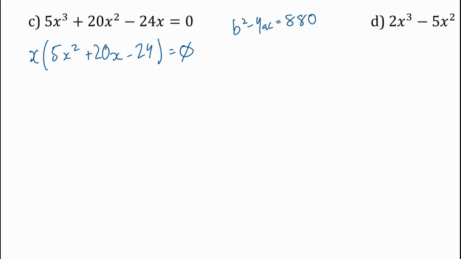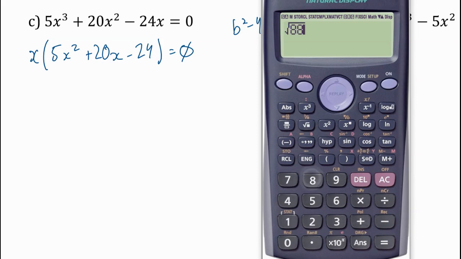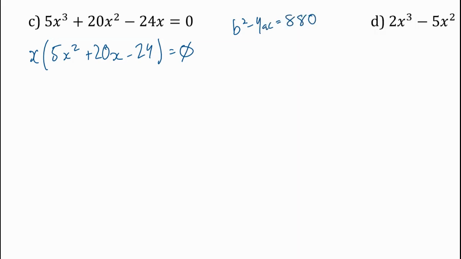So what does that mean? Square root of 880 is not a perfect square. So quadratic formula. x equals 0, sometimes that solution gets forgotten. People jump right into quadratic formula and forget to state that, but you need to state that.